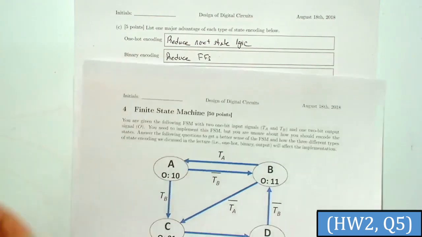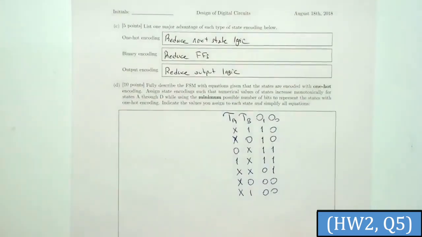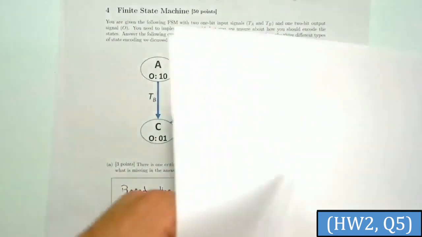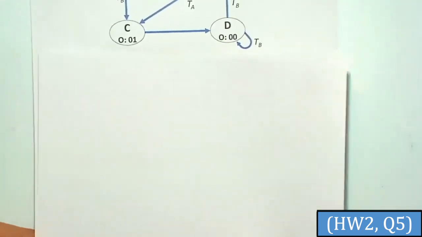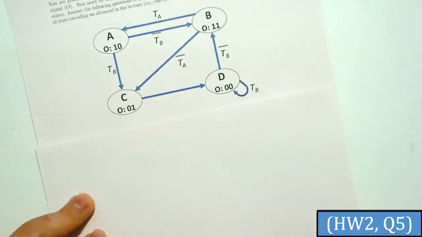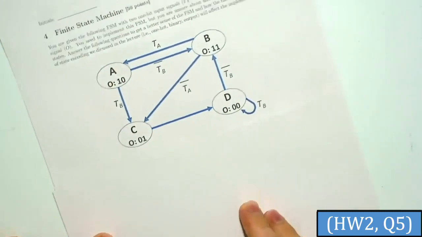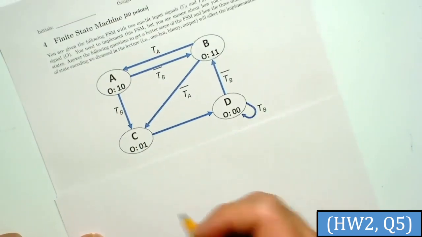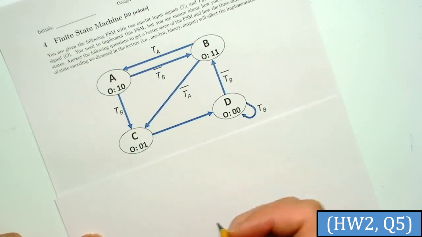change, right? So what I'm going to do now is write a truth table, a higher-level truth table, I would say, because I'm not going to represent the states with bits. This will be my reference for the next three questions.